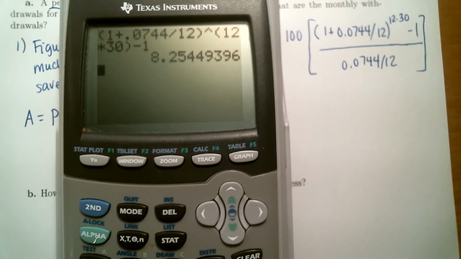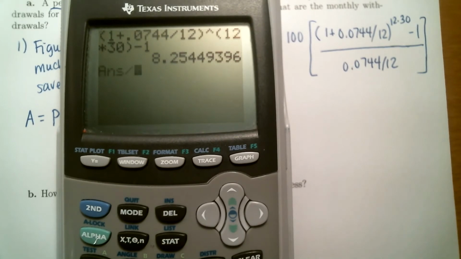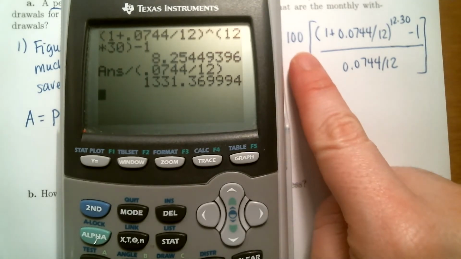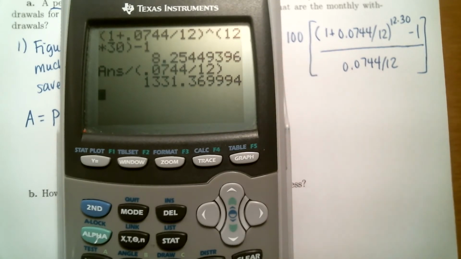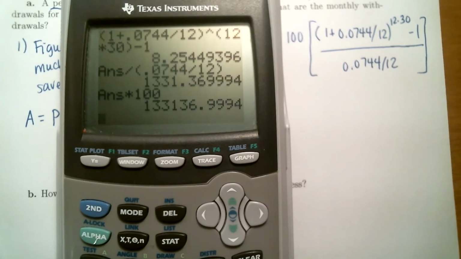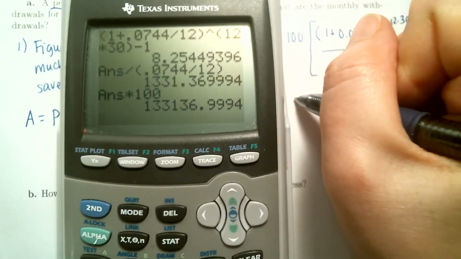That gives you the numerator of what's in brackets. Hit your division key, and in parentheses put R over M. This gives you what's inside the brackets. Now we need to multiply all of that by 100, so we hit times 100. This is going to be the account balance.